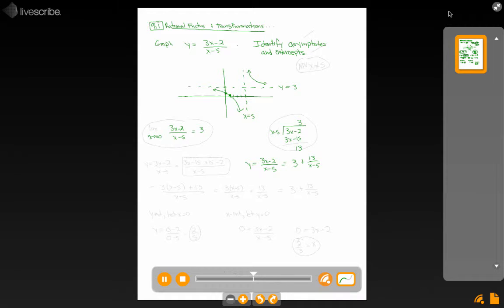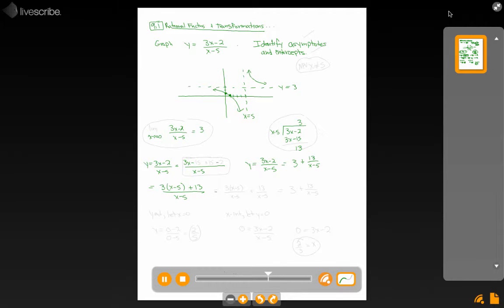Written that way, you could do this function as we did in a previous example, thinking of it as transformations of the original y equals 1 over x function. Your book does something interesting that I had never seen before, which says that if y equals (3x minus 2) over (x minus 5), let's go on the top here and artificially create something where we have an x minus 5 term that we can cancel out.